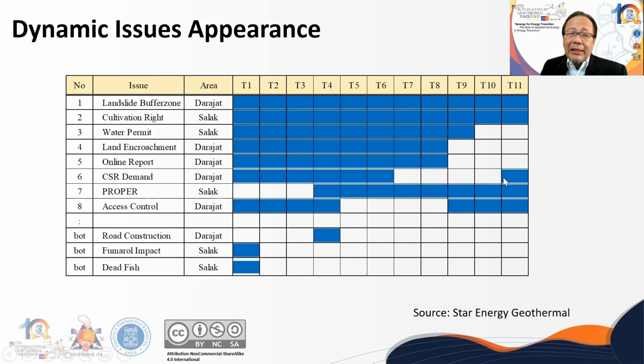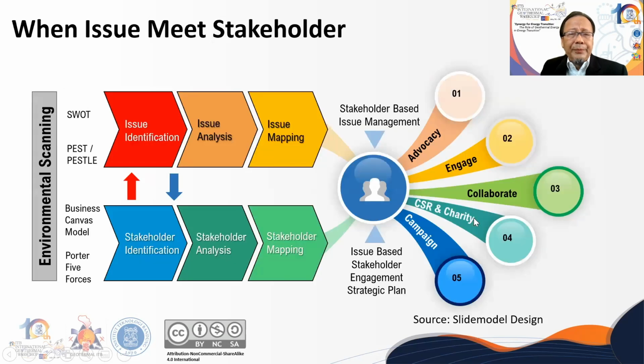But luckily, we have good knowledge management here, so we know how to resolve the issue and can implement it here. If we have good documentation, then it is easier to resolve the issue. And the stakeholders come when we do issue identification.